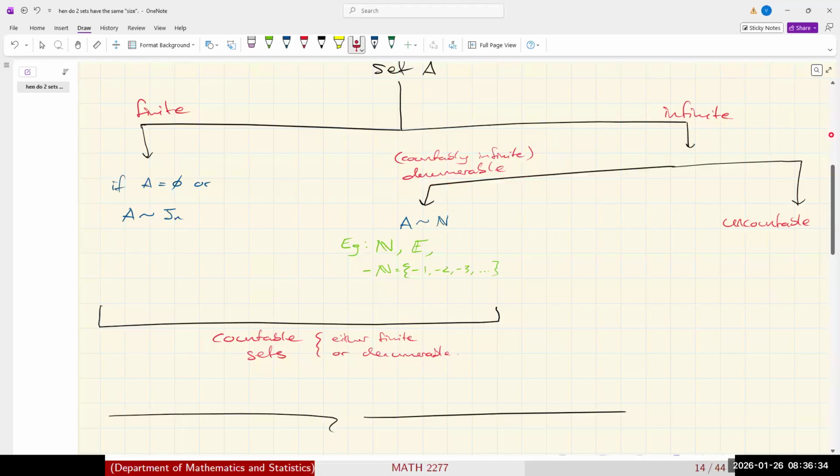That is our strategy now. We're going to construct denumerable sets, proving certain sets are denumerable by using injective or surjective functions between those sets and the natural numbers, either as the domain or codomain.